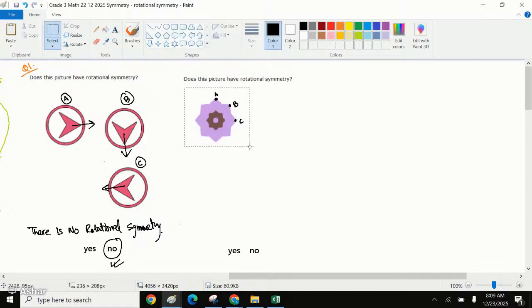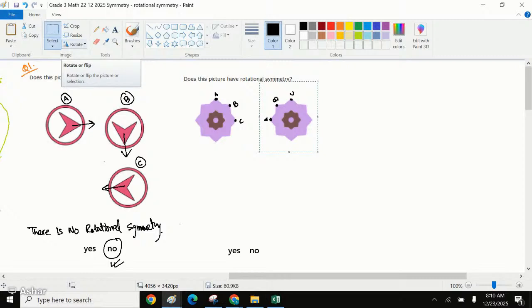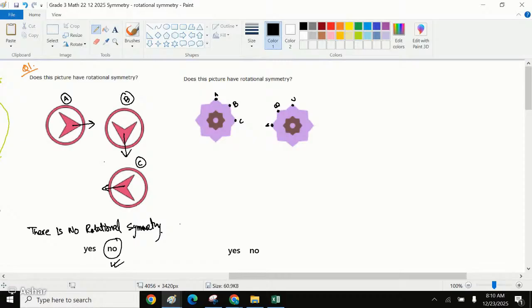So if I rotate this shape, let's suppose 90 degrees from the right, or from the left, does the shape still look exactly the same? Even though the point A from here came down over here, the shape is still the same, right?